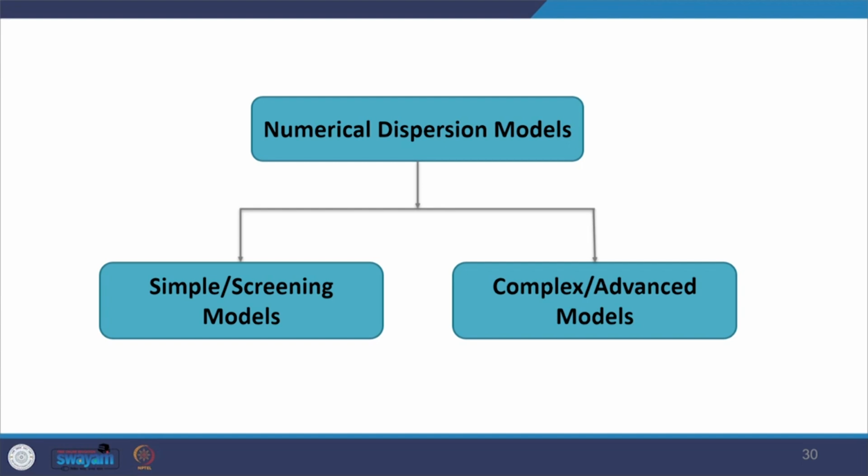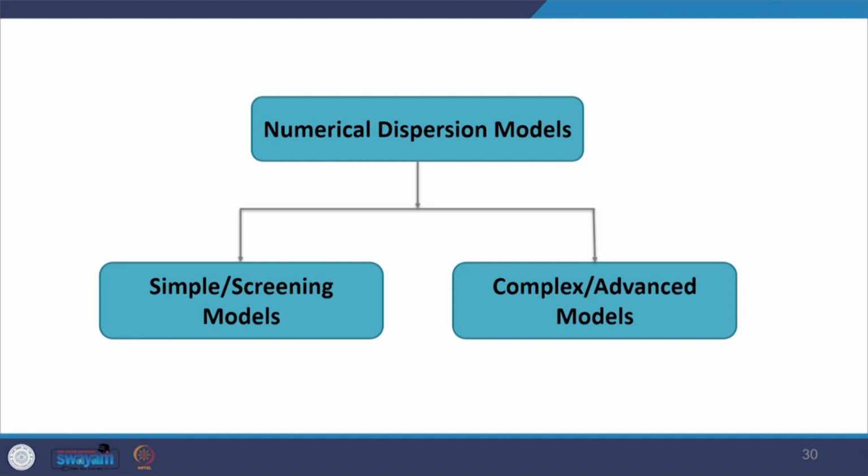We see that both simple and complex advanced versions of numerical dispersion model exist. So, you can use either of them. Simple models, usually known as the screening models, are designed for use as an inexpensive tool to identify whether or not further investigation into the air quality is required.